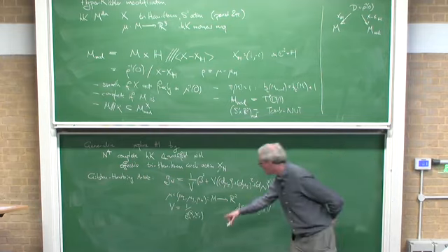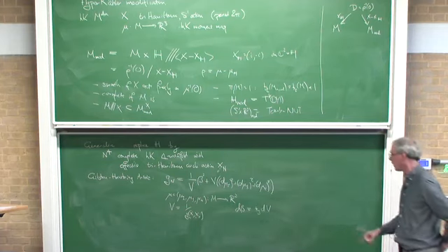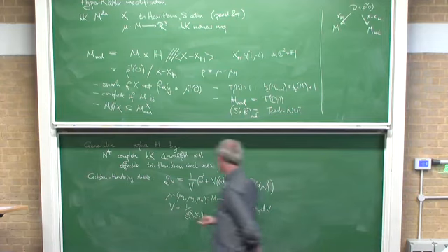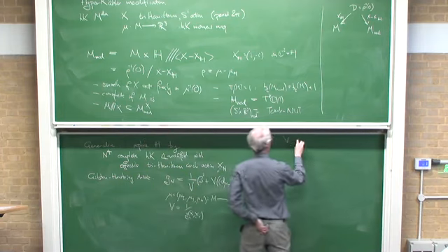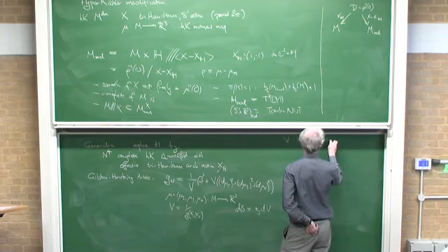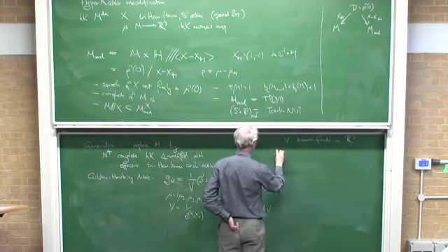V is an invariant function, so it descends to the quotient. V is a harmonic function on R3, and if you make different choices of V, then you get different metrics, and you get Gibbons-Hawking.